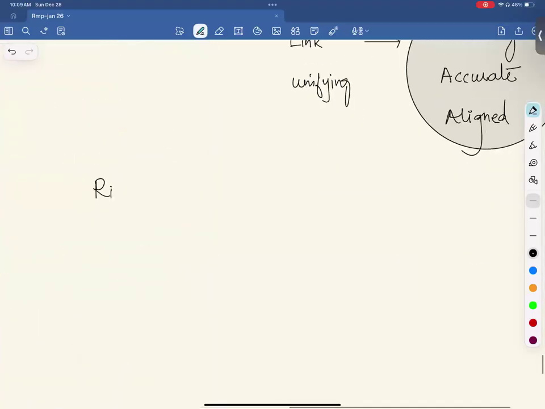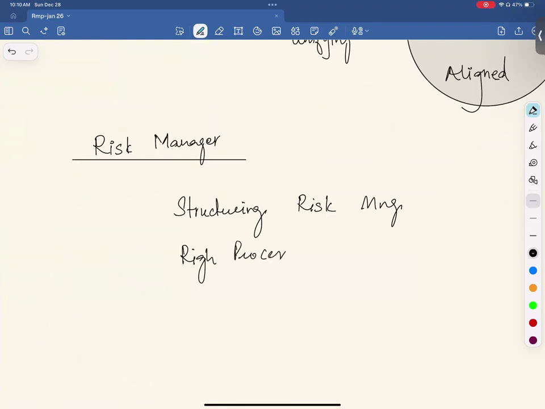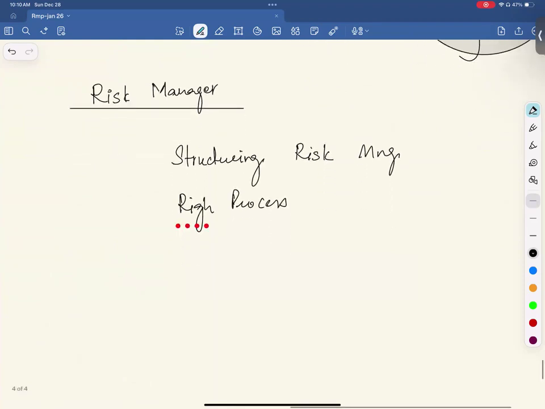Then we have the risk manager. The risk manager's job is making sure that the entire risk management is done in a structured manner. Structuring risk management. Making sure that the right process is being followed, right? For example, risks are planned, identified, analyzed, right?